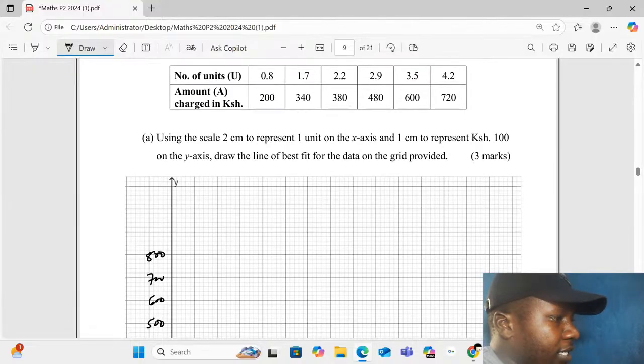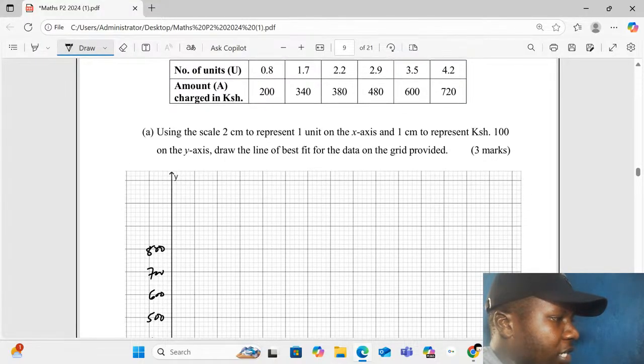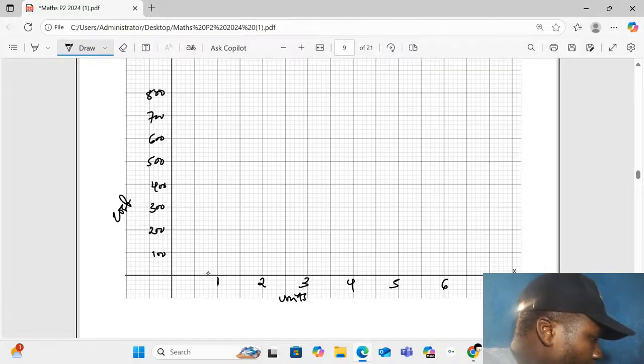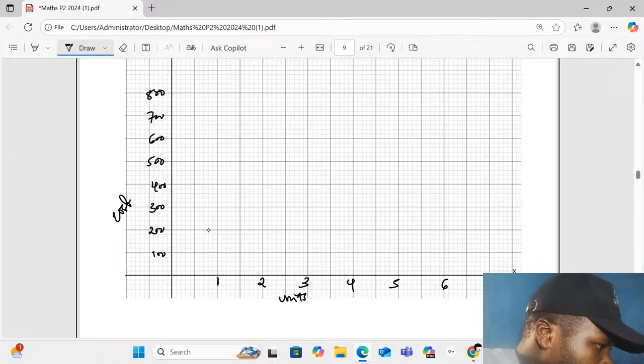Now, when it is 0.8, we have 200 shillings. So 200 here, 0.8 is somewhere here.